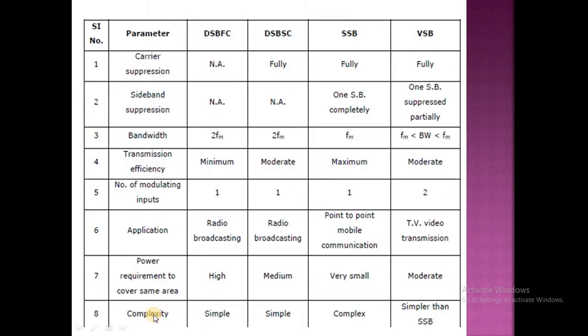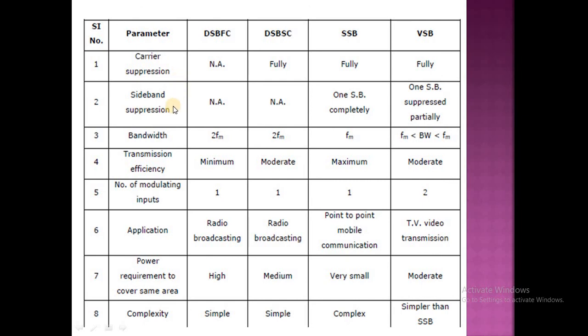So it is the comparison of different forms of the AM. If you see there, the carrier suppression: in case of a DSB-SC, SSB and VSB, the carrier is fully suppressed.